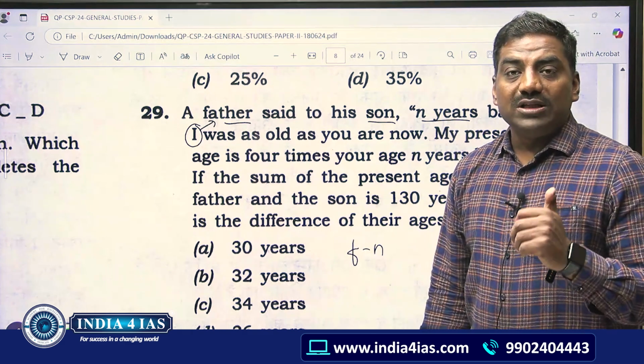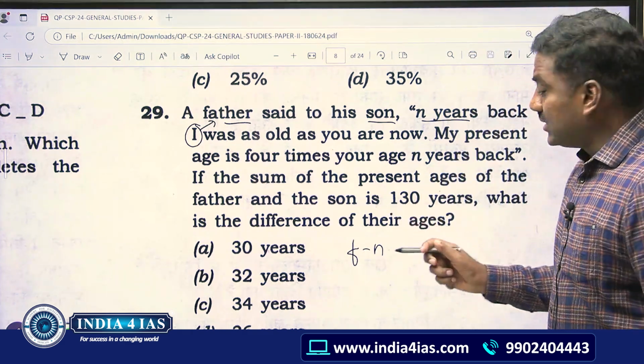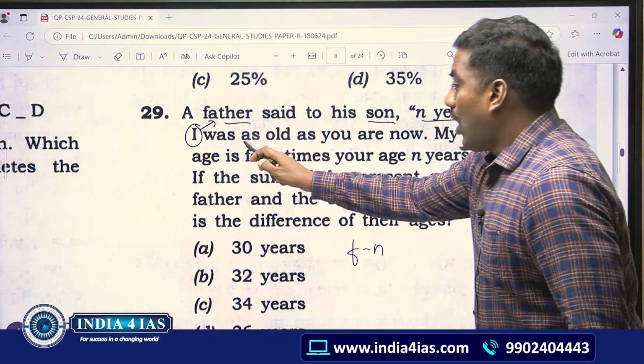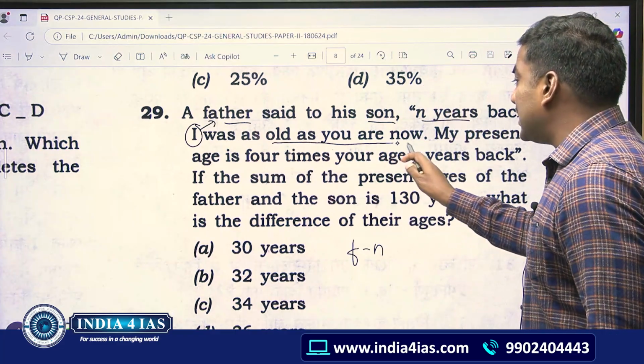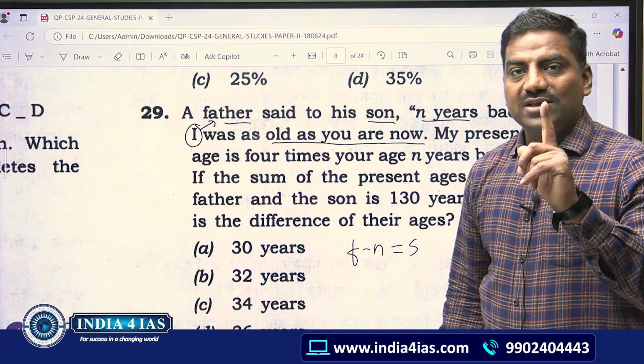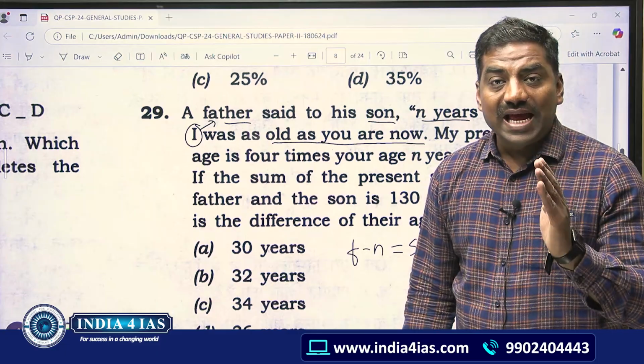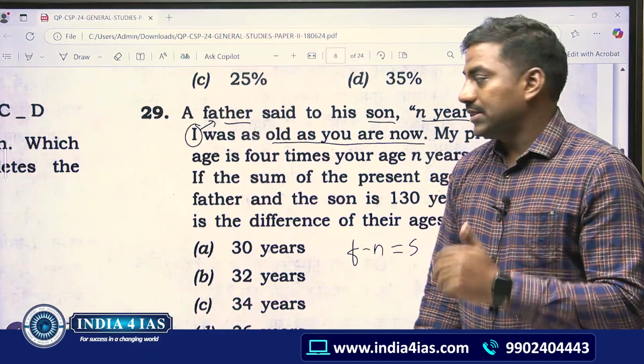If I take the father's age today as f, then f minus n is his age n years back. I was as old as you are now, that is the son's age. So this is the first equation: f minus n is equal to s.